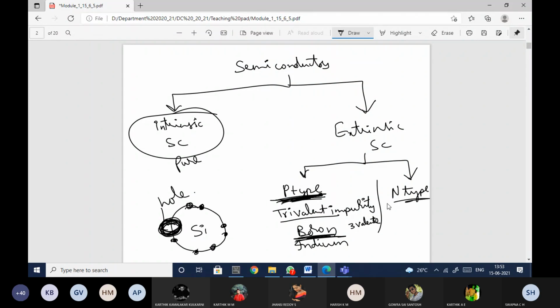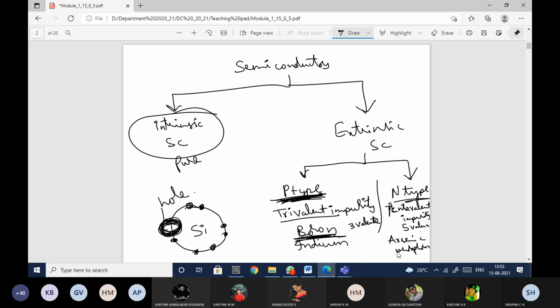When it comes to the n-type, here we'll be adding pentavalent impurities. Pentavalent impurity means the outermost shell will have 5 valence electrons. Some examples are arsenic and phosphorus.